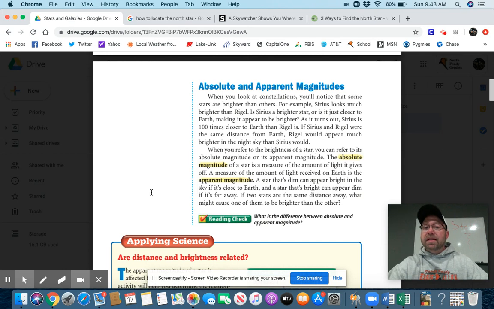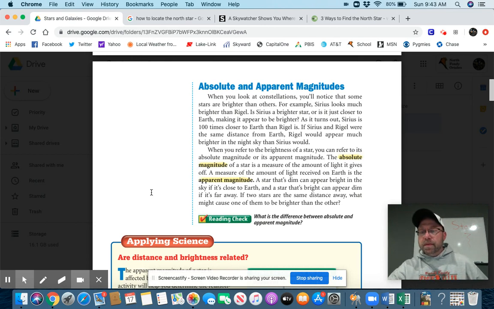The absolute magnitude is the real brightness of the star, regardless of how close we are to it. So kind of like if we lined up all the stars and they were all the same distance away from us, which one shines the brightest? That's got the highest absolute magnitude.